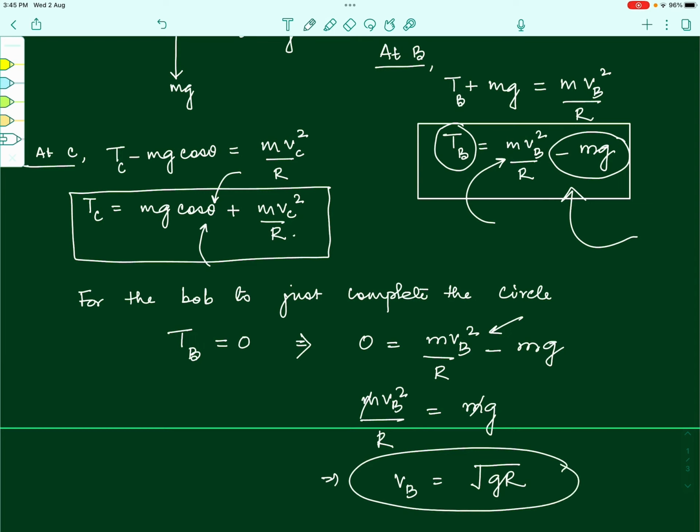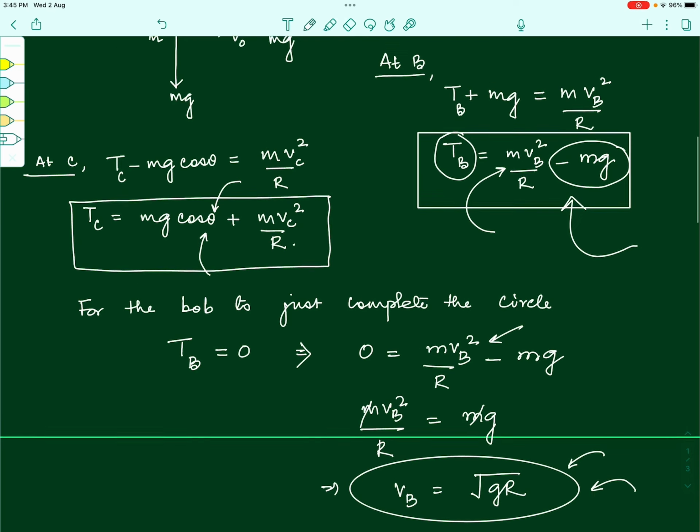So understand that at the highest point the velocity should not be 0, it should at least have a value of root gr. It can have a value greater than that also, but the minimum value of velocity required at the highest point for the vertical circle to be completed is root gr.